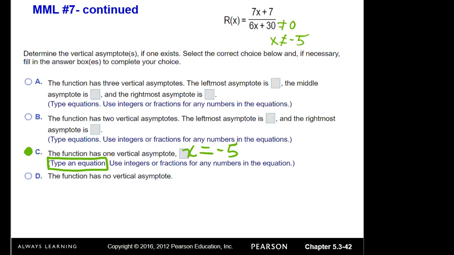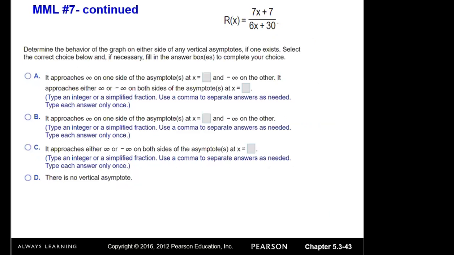I guess if you're looking for an asymptote, you're looking for where it does equal 0. So x equals -5. That would be the equation, because it's an imaginary dotted line going through the x-axis at -5. Okay, and then it says determine the behavior of the graph on either side of the vertical asymptotes.